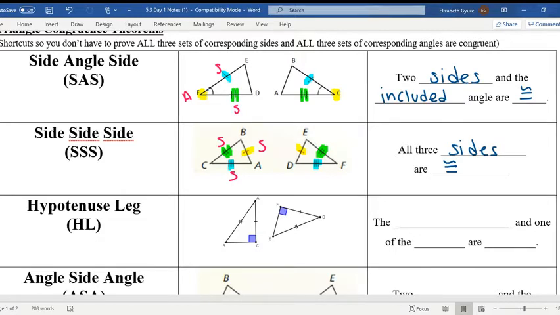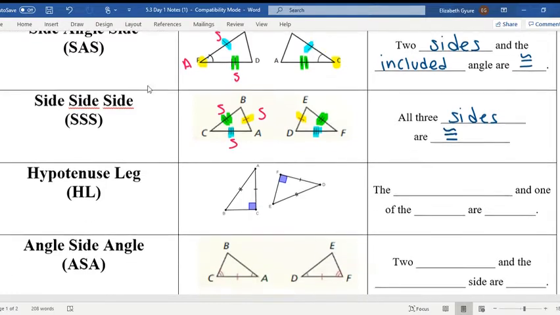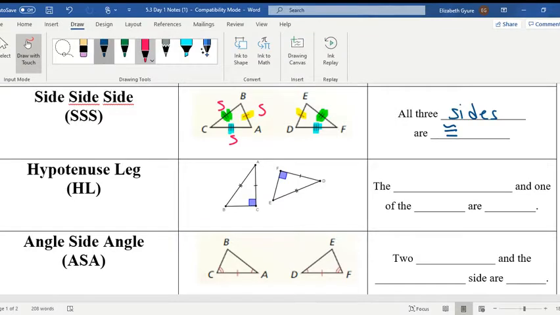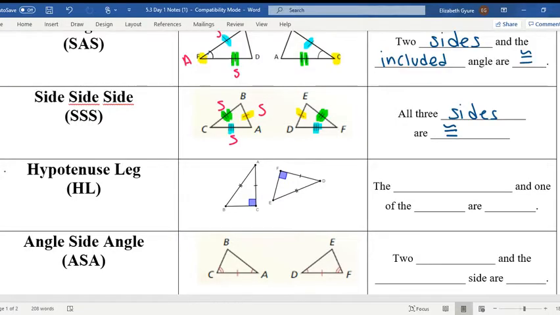All right. The next one we have is called hypotenuse leg. Key word with this is hypotenuse. Does anyone know what a hypotenuse is? Well, it might sound familiar at least, right? Anybody think they know?